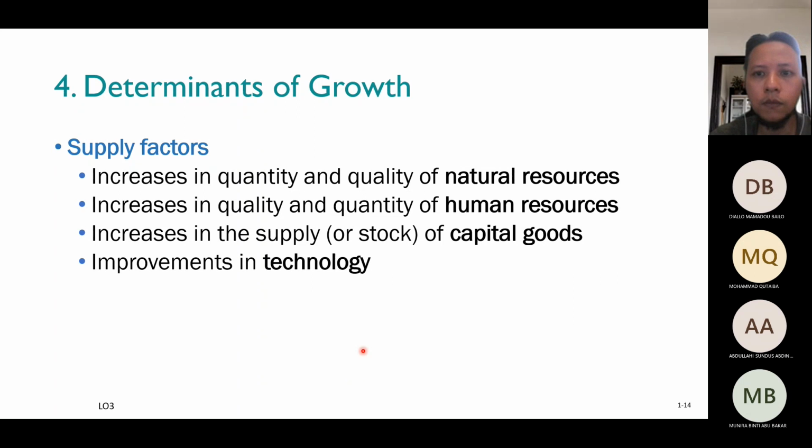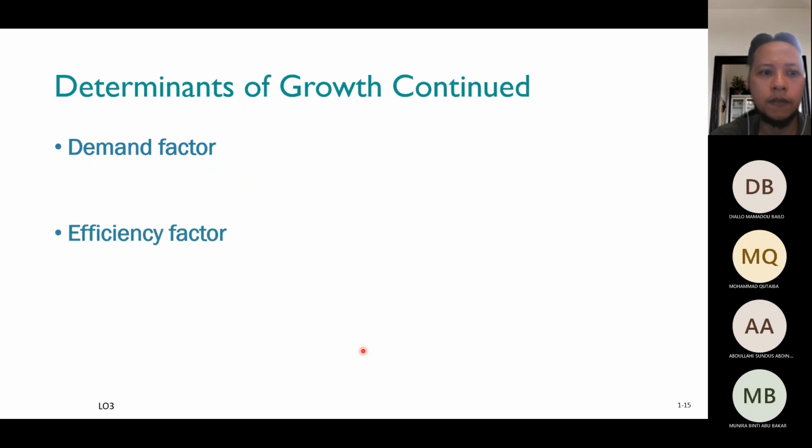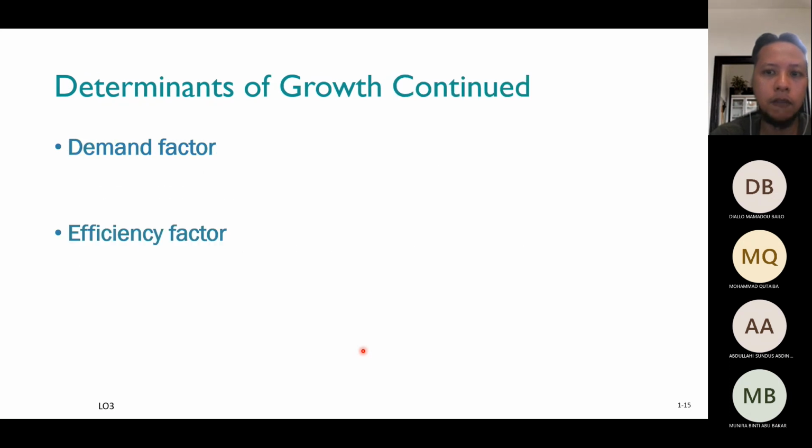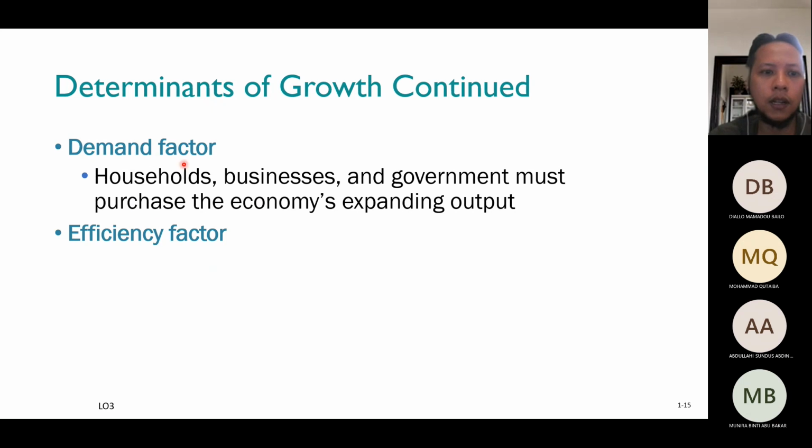Then you also have the demand factor. That was the supply factor, and now you have the demand factor and the efficiency factor. The demand factor is basically how much the players in the economy demand for the goods.